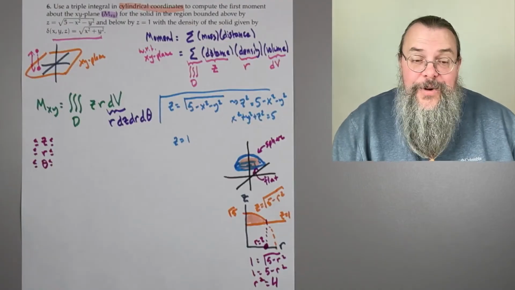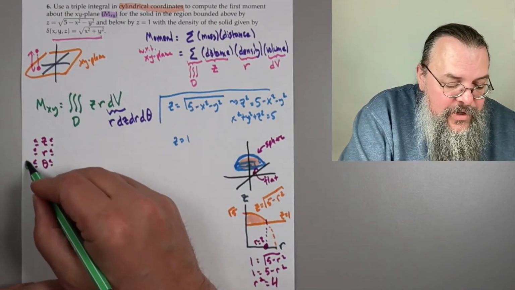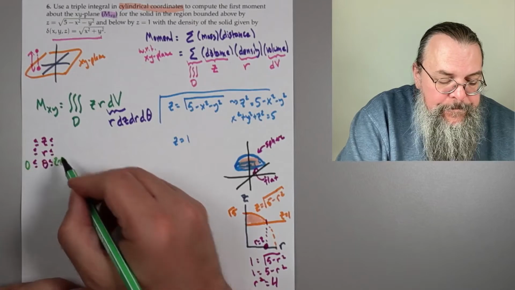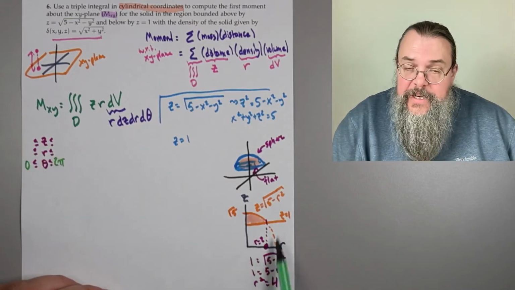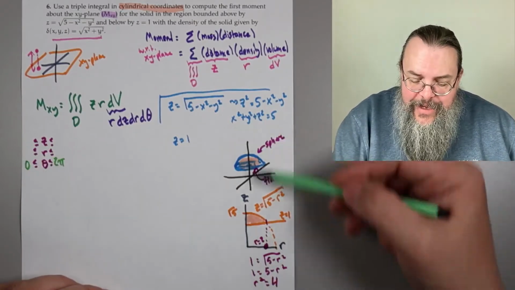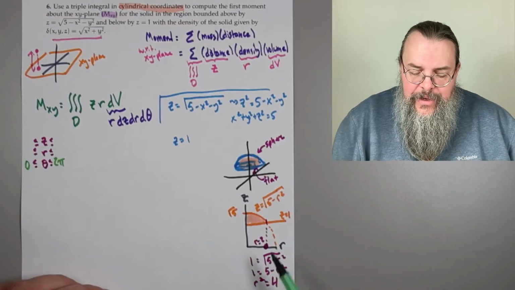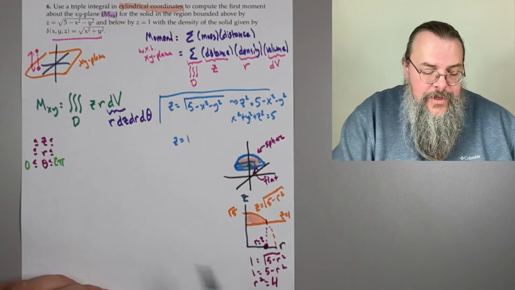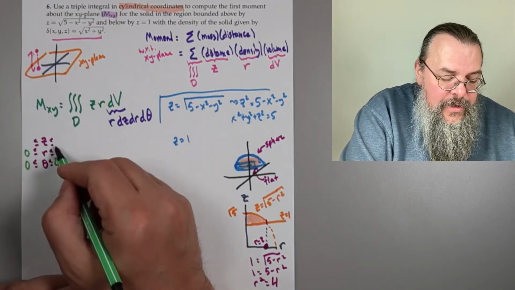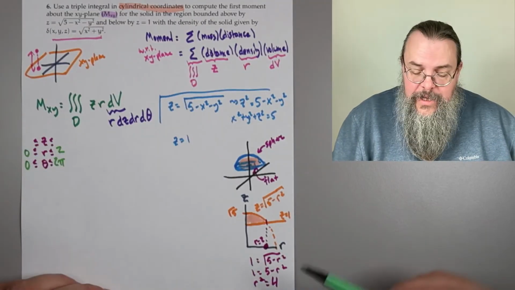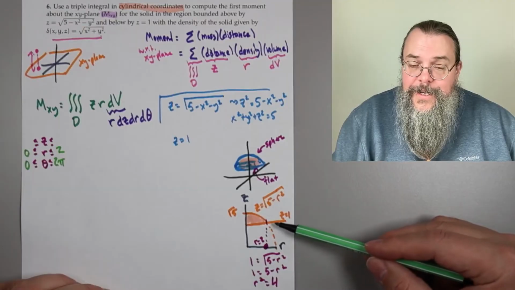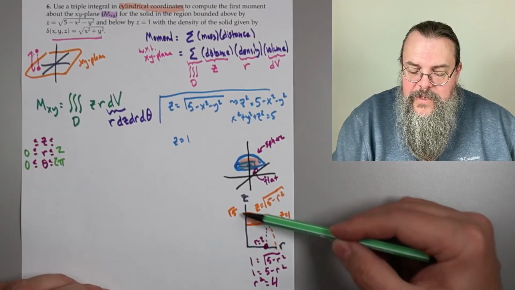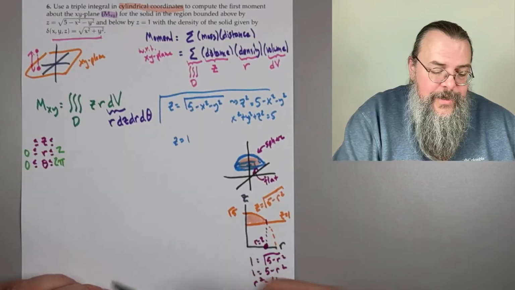We're going to go full circle, so theta bounds are 0 to 2 pi. Now, to figure out your r and z bounds, that's why we slice, because it's easier to see. Where do we go with r? We go from 0 to 2. Where do we go with z? We go from 1, which is the bottom, to the square root of 5 minus r squared, which is the top.